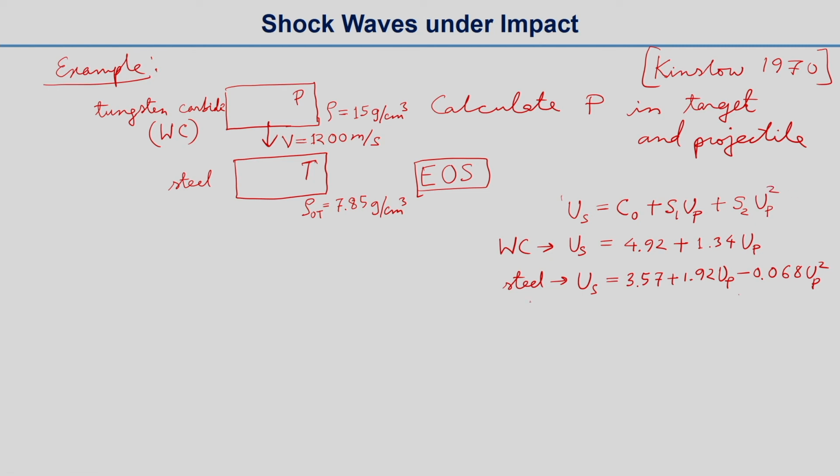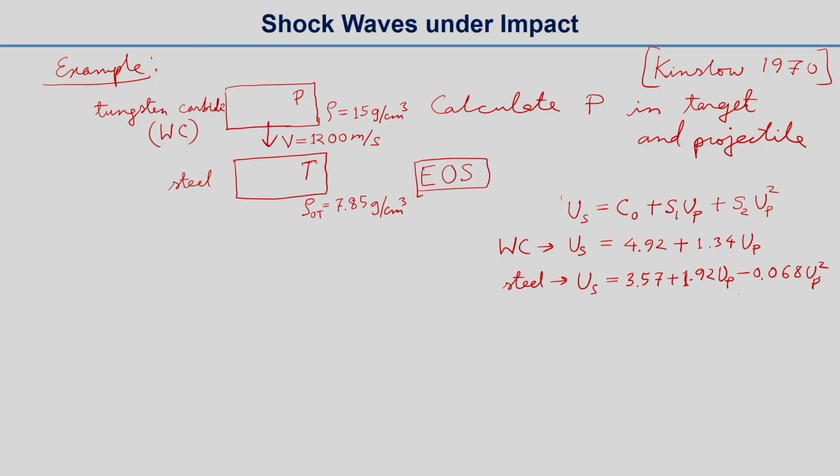So, for steel, due to some complex behavior, maybe not all steel but for some materials, that may be arising due to some complicated behavior like phase transformation or so, we have one more term which is a quadratic term UP square. Unit of these 3.57 or 4.92, we should understand that this is in millimeter per microsecond. This is again millimeter per microsecond, and S1 and S2 are dimensionless.